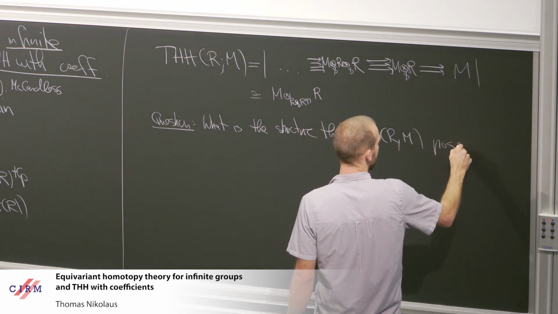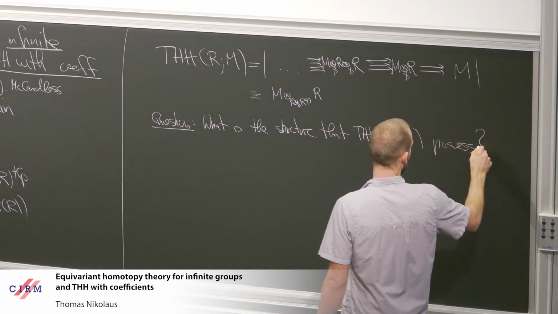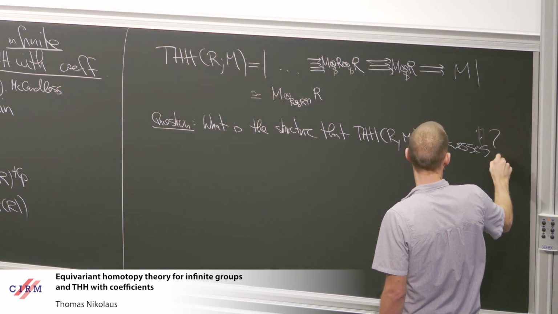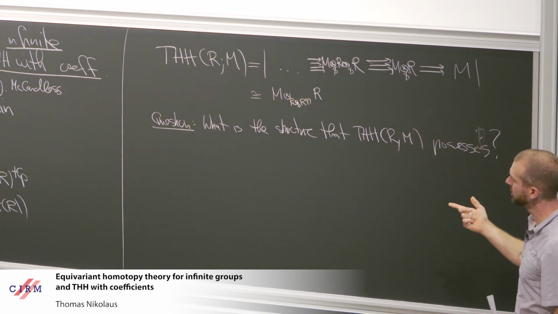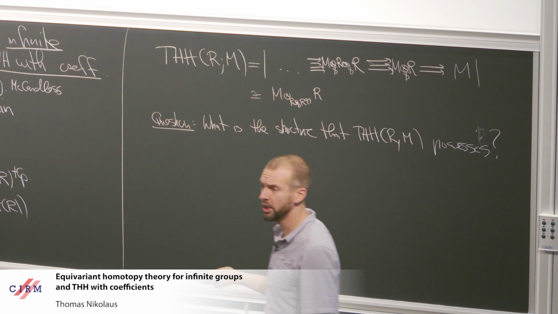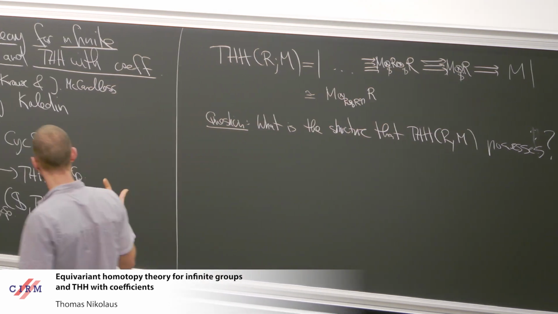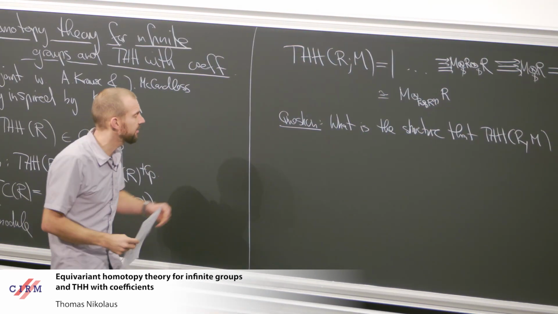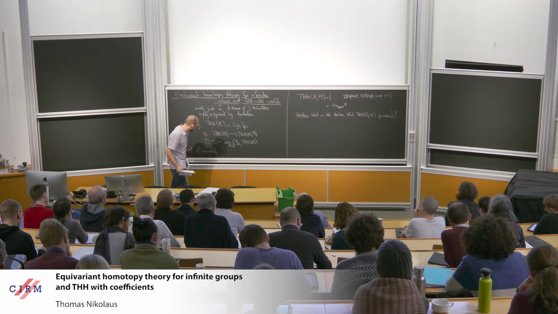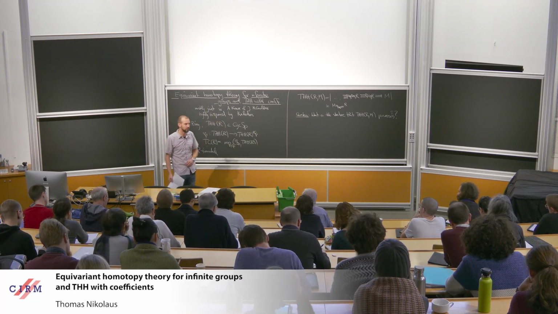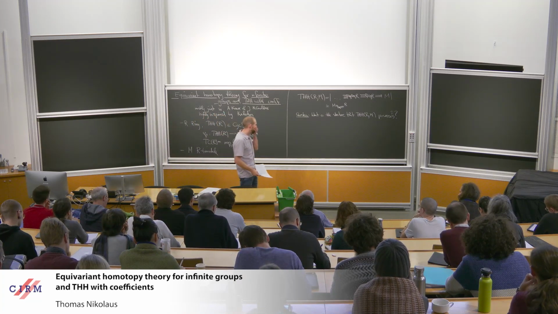What is left of the cyclotomic structure on THH for THH with coefficients? And a related question: what are the primary invariants we can define for THH with coefficients?